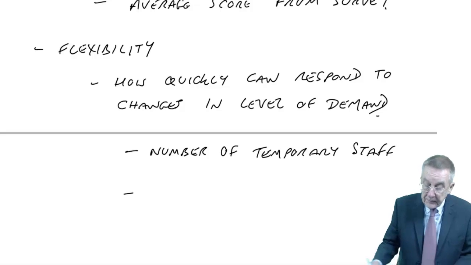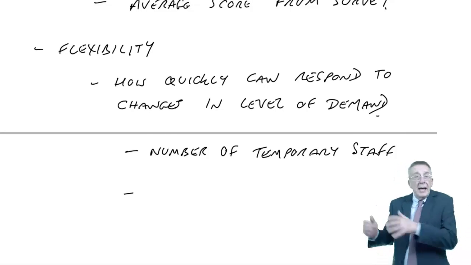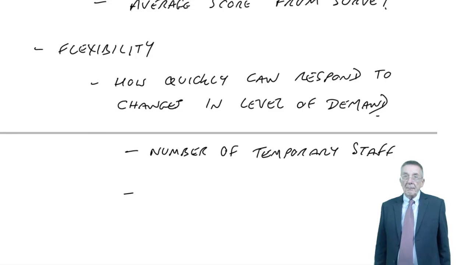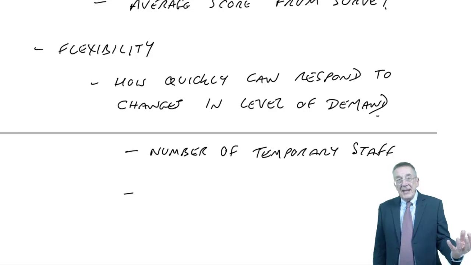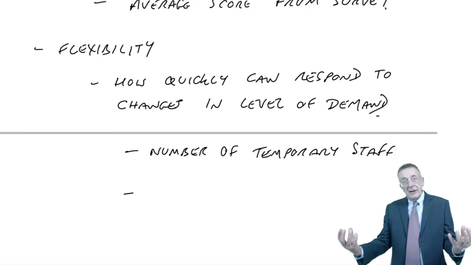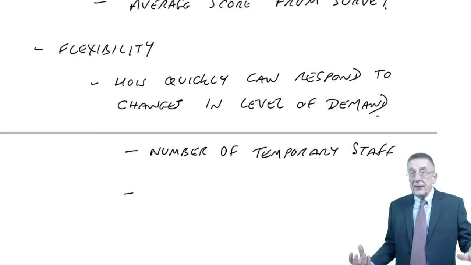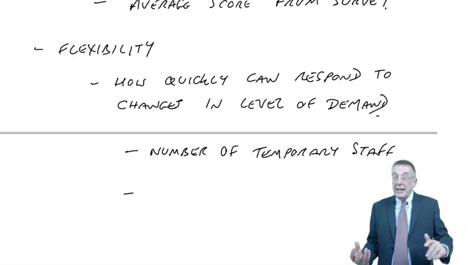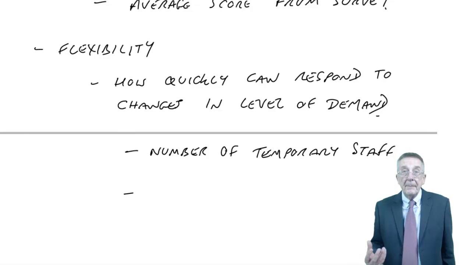Oh, just one more example. A lot of hotels have a restaurant and a bar. And at different times of the day, the restaurant might be very busy and need lots of waiters, and maybe the bar's very quiet. At other times of the day, maybe the restaurant's very quiet, and so we don't need many waiters, but the bar's very busy and we need more staff there.